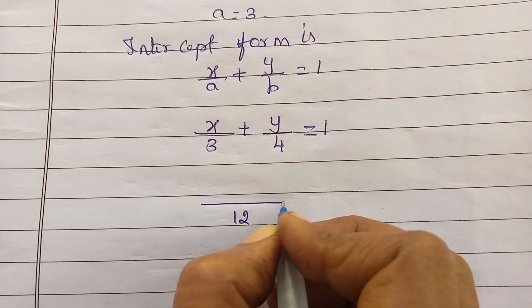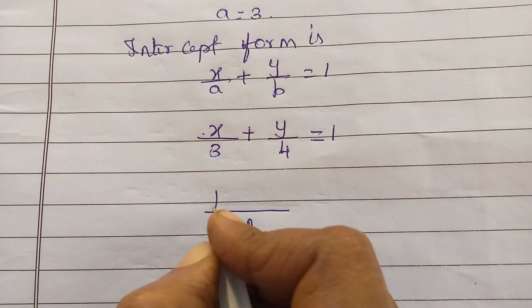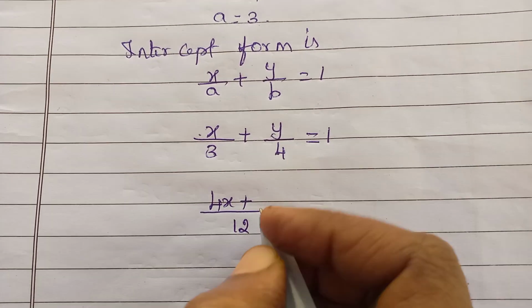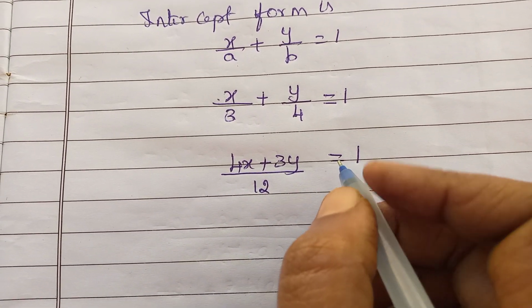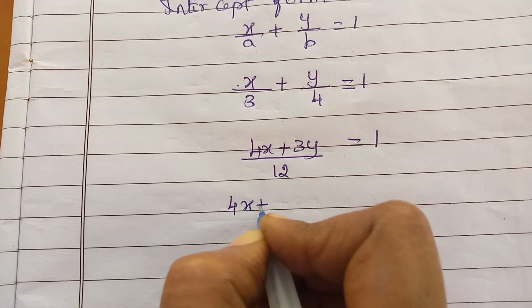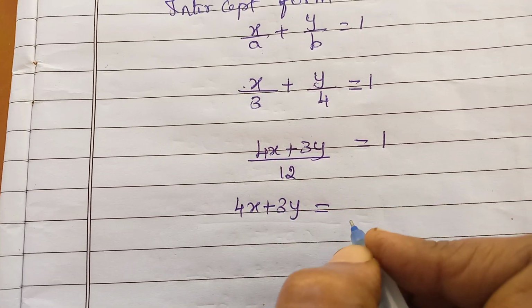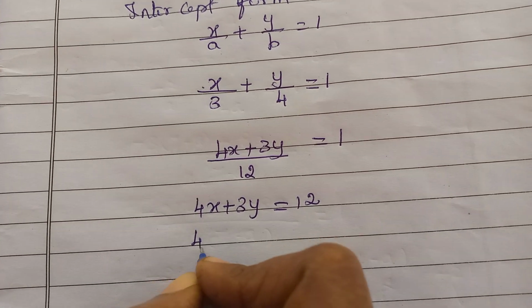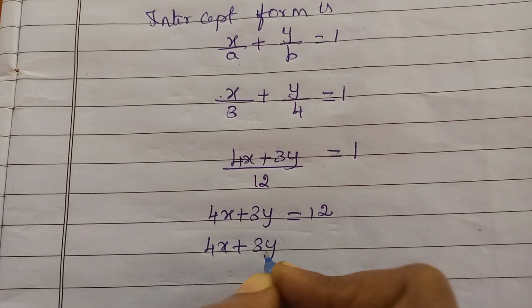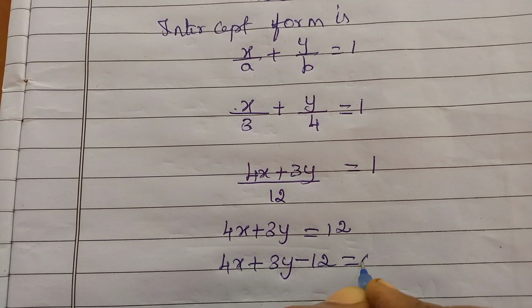So the numerator becomes 4 into x, 4x plus 3 into y, 3y is equal to 1. Cross multiply it. 4x plus 3y is equal to 12 into 1, 12. Bring this constant term to this side: 4x plus 3y minus 12 equal to 0.